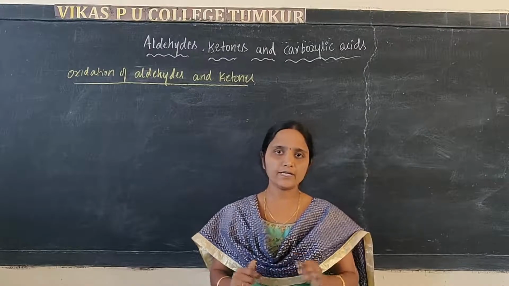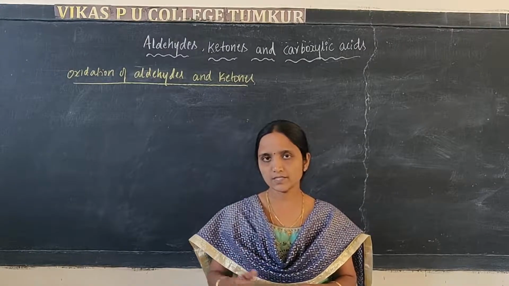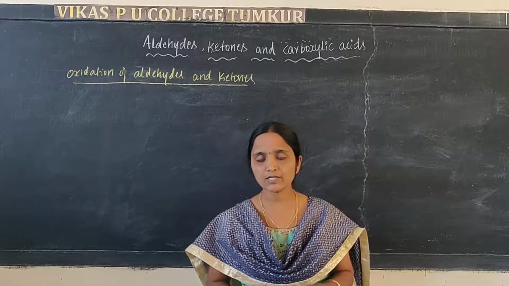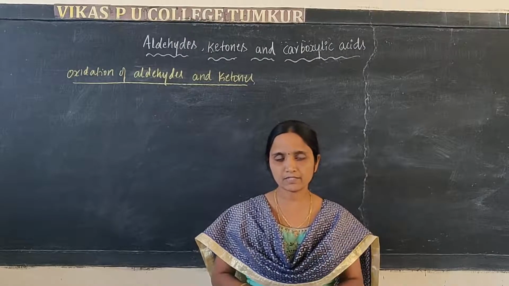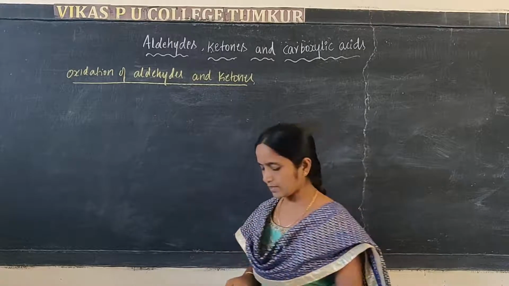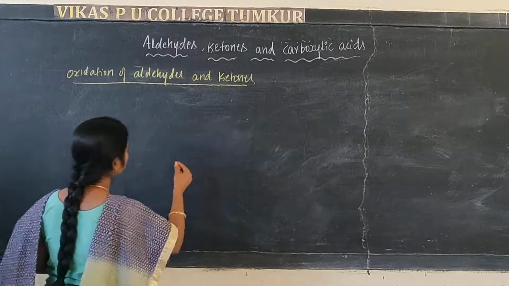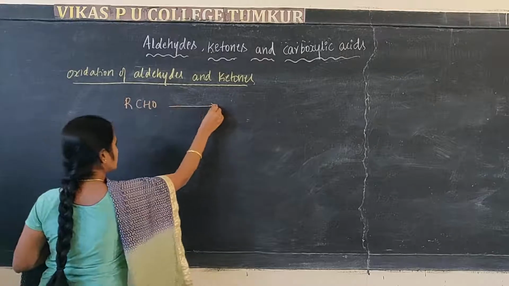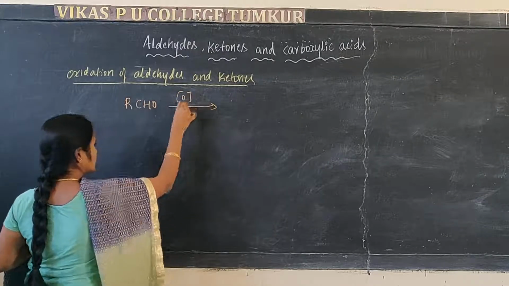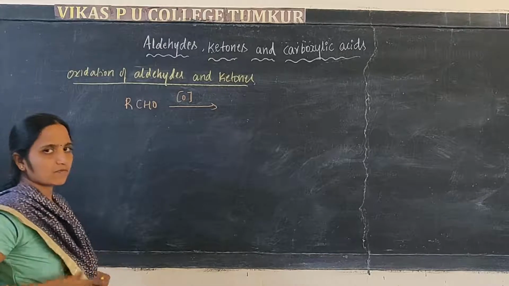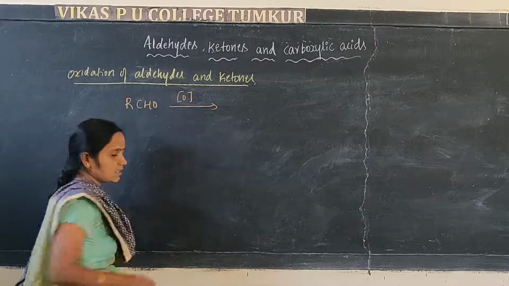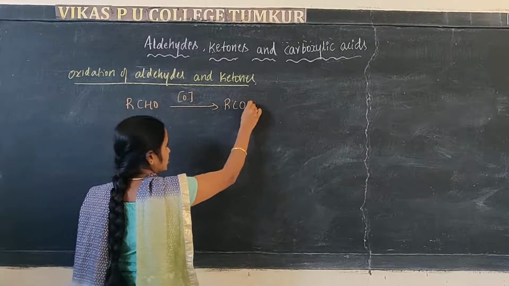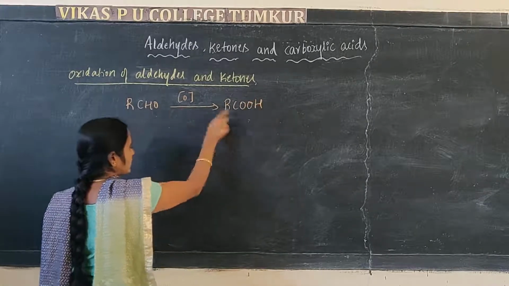That is, aldehydes are easily oxidized into the respective carboxylic acids which contain the same number of carbon atoms. Generally, the equation is represented like this: the aldehyde undergoes oxidation in the presence of an oxidizing agent to give the respective carboxylic acid with the same number of carbon atoms.